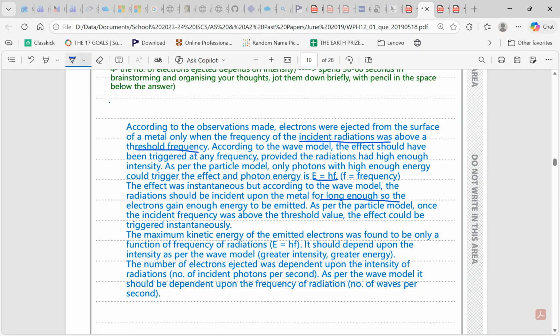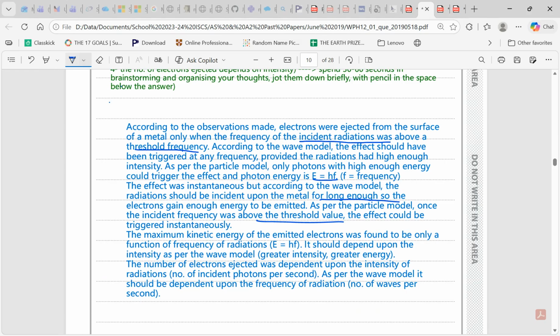As per the particle model, once the incident frequency was above the threshold value, the effect could be triggered instantaneously. Now you can notice a trend over here. I have mentioned an observation first, and then immediately followed by that, I have written how the wave model fails to explain this observation and how the particle model successfully explains the same observation.